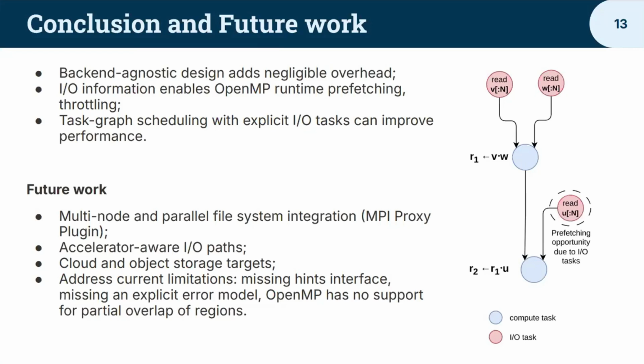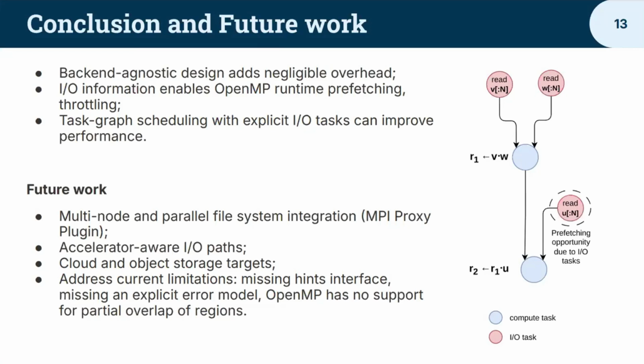We also have some limitations. For example, almost all I/O systems have some sort of hints interface where you can give optional information about the execution. We have to think about that for our I/O interface. We also need a better error model, because things can go wrong on the I/O side.